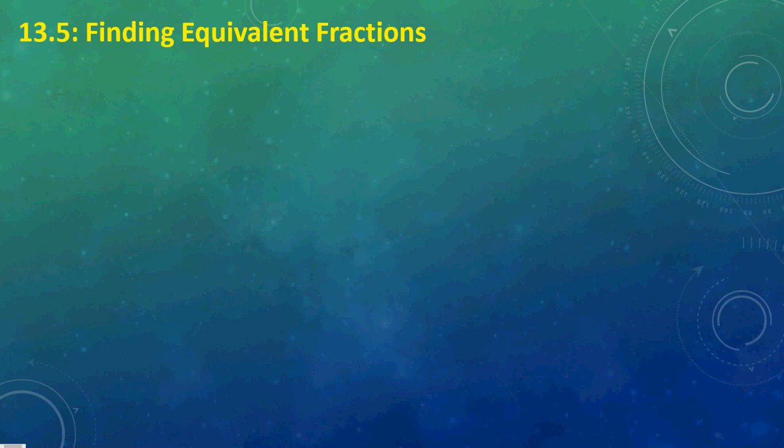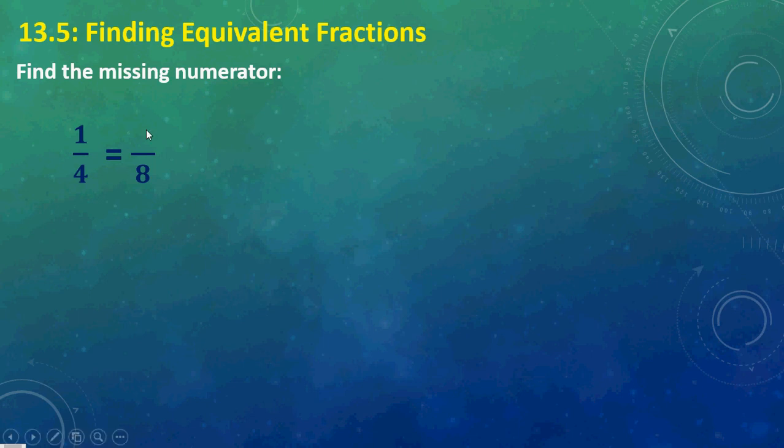For example, we have to find the missing numerator. What is the numerator? The number that is on top. Okay? I have 1 over 4 equals to something over 8. We are finding equivalent fractions. We need to put the number over here para que me quede una equivalent fraction. ¿Cómo voy a hacer eso? Okay.